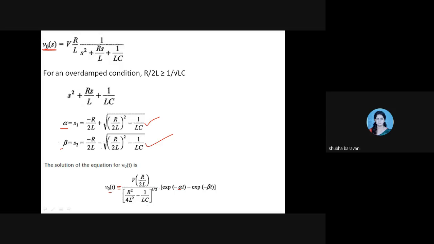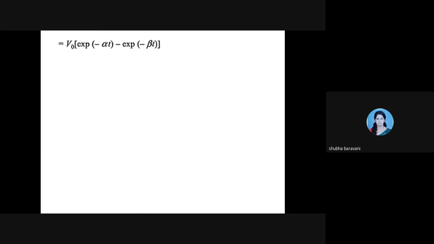Okay, you try solving this. Now see, V naught of t is equal to this much into this. In the next equation, I'll replace this by capital V naught.